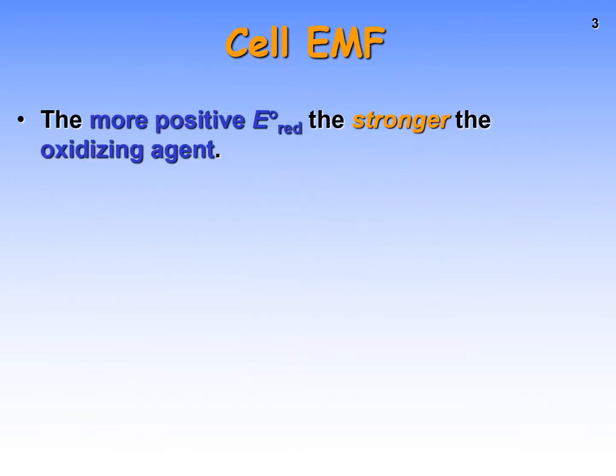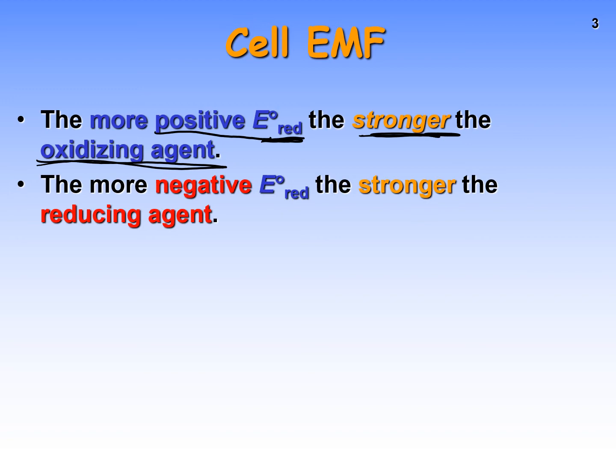All right. So to continue talking about this, the more positive our reduction potential, the stronger the oxidizing agent is. This is bringing back a vocab word from Chem 1A. And the more negative a reduction potential is, the stronger the reducing agent.